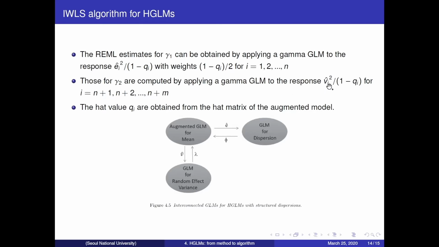Those for gamma 2 are computed by applying a gamma GLM to the response v_i hat squared divided by 1 minus k_i, for i equals n plus 1, n plus 2, until n plus m. And the hat values k_i are obtained from the hat matrix of the augmented model. Therefore, these figures represent the interconnected GLMs for HGLM with structured dispersion.